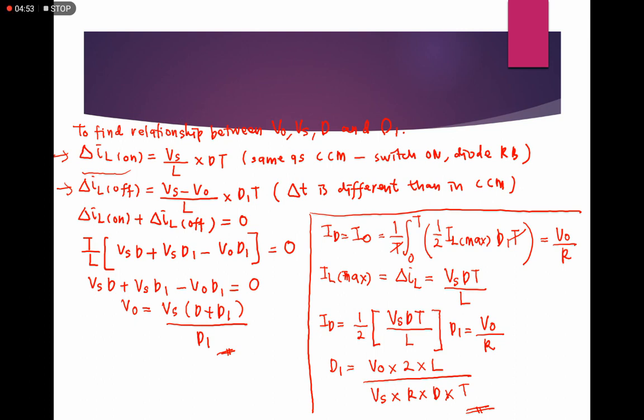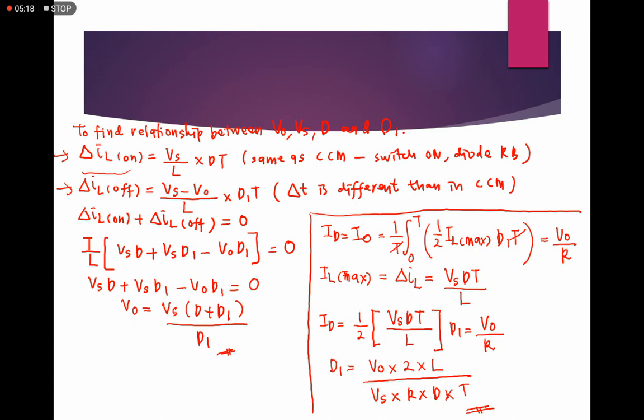Remember in CCM, delta T is 1 minus D times T, but in DCM it will not be the same. It will be D1T. So our main task is to find the equation to determine the value of D1 and also our output voltage V0.